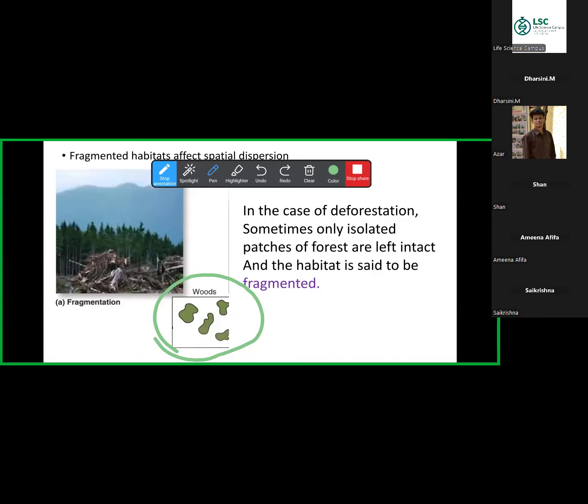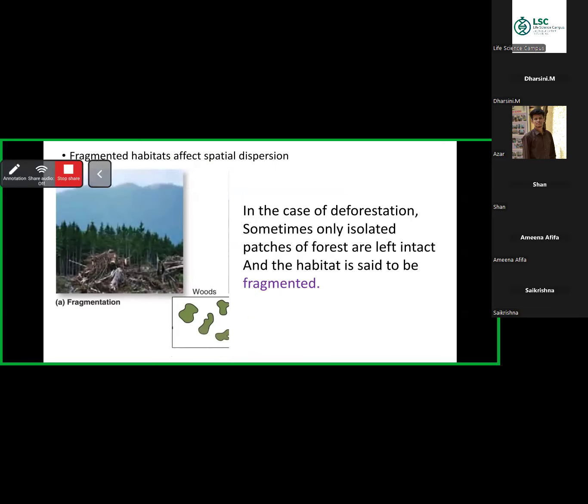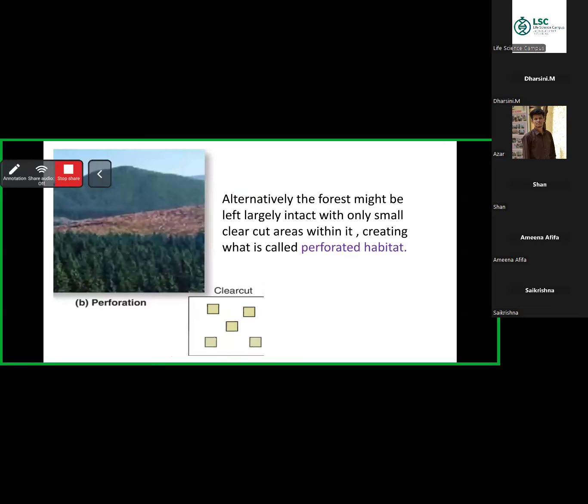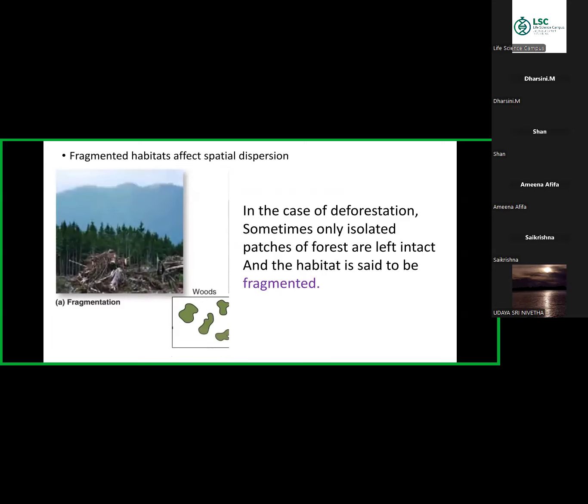In some cases, habitat is largely intact. There is no more damage, but small openings or clear-cut areas are created, that you can see in this figure. So in the first case, only small patches of forest are left intact.